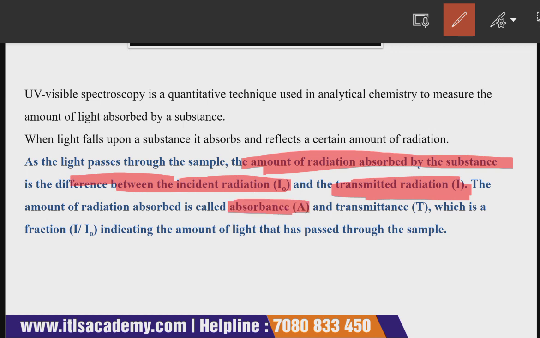The amount of radiation that is absorbed is known as absorbance, and the amount of light that is transmitted is known as transmittance, which is the fraction I by I0. I here is the transmitted radiation and I0 is the incident radiation, indicating the amount of light that is passed through the sample.